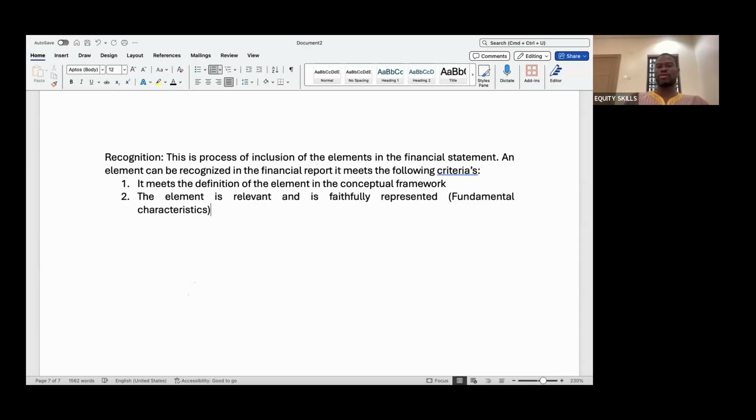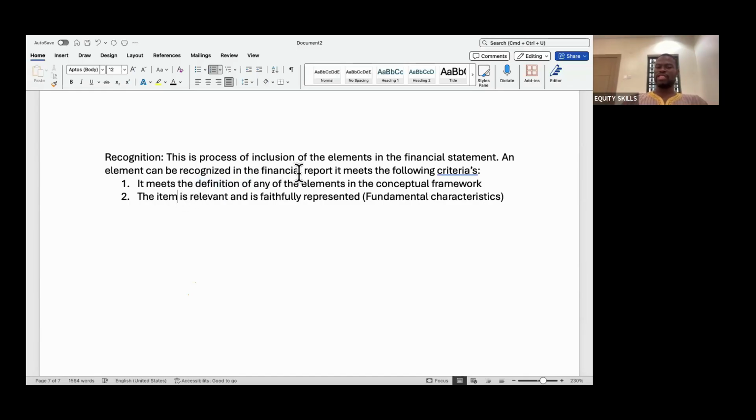So in terms of recognizing an item in the financial statement, the conceptual framework is saying that such an item must meet the definition of any of the elements in the conceptual framework, and also the item in question is relevant and is faithfully represented.